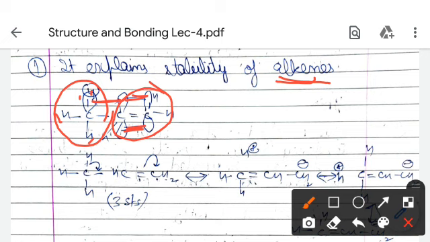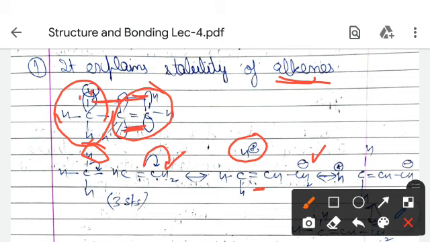Once this hydrogen is involved in bonding, its electrons move towards carbon and it forms a double bond, and the adjacent electrons move to the CH2 group. So this carries a negative charge, and this hydrogen will have no bond with the carbon. It will be H positive.